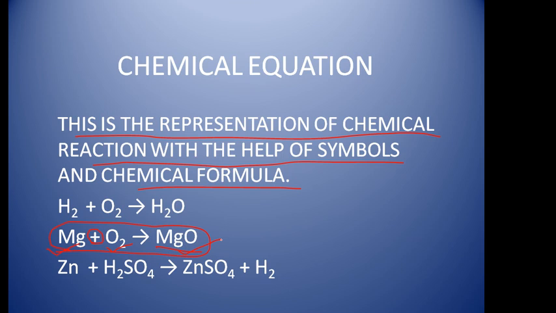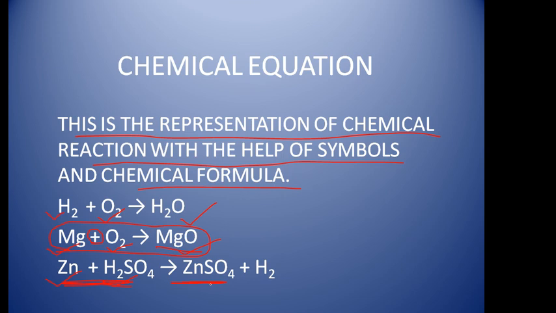So chemical equation is nothing but the representation of a chemical reaction with the help of symbols and chemical formula. Similarly, you can write H2 plus O2 gives H2O. That means hydrogen and oxygen react to form water. The same here: zinc, Zn, symbol; H2SO4, sulfuric acid, formula.